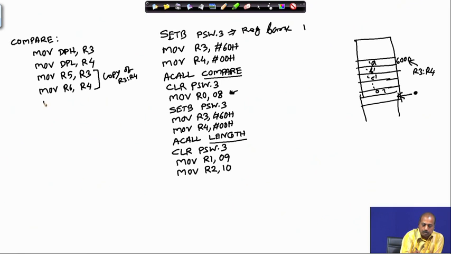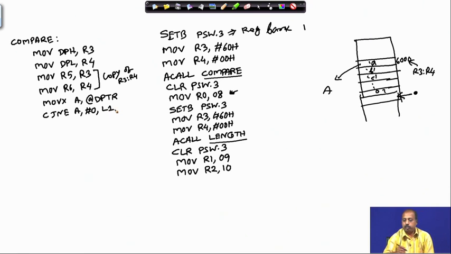So, what we do? We use MOVX A, @DPTR. As a result, the first location content will come to the A register, and then we do a CJNE, compare jump not equal, A, #0, some label L1.